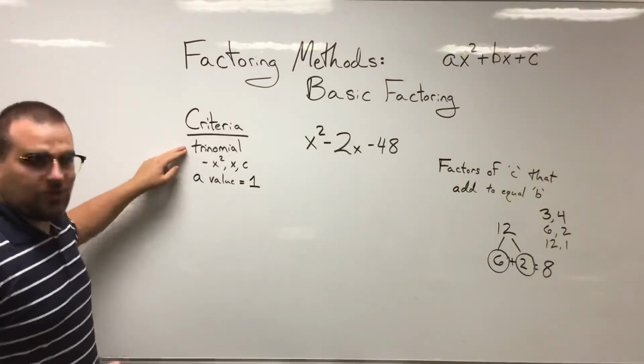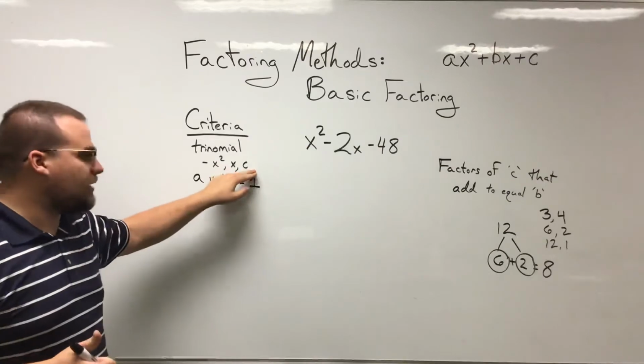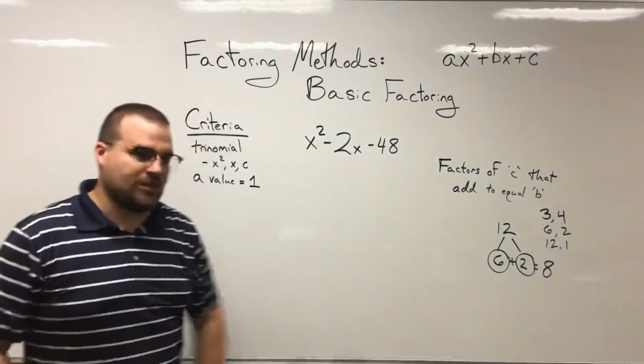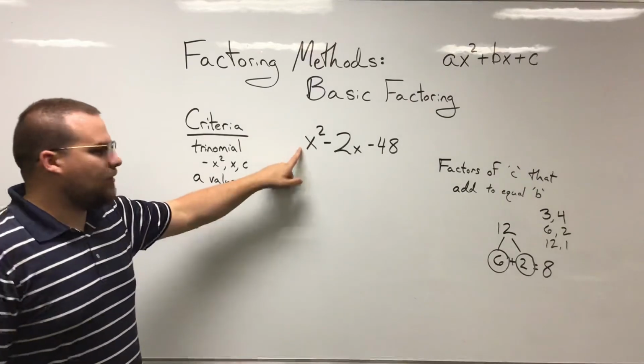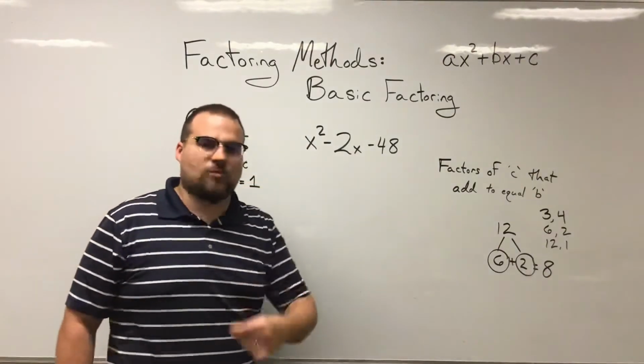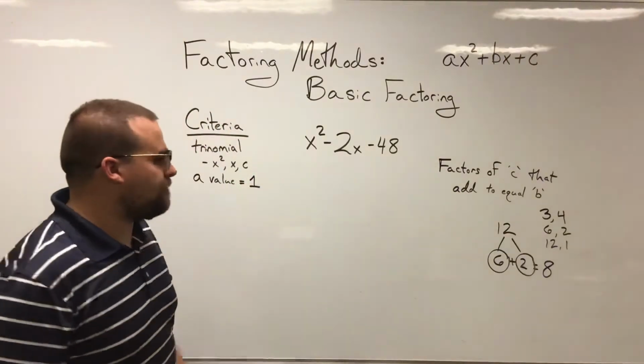Is it a trinomial? Yes. Is it a squared variable, single variable, constant? Absolutely it is. And does it have an a value equal to 1? Yes. There is not a coefficient written in front of the x squared, so we're good there too. We can basic factor.